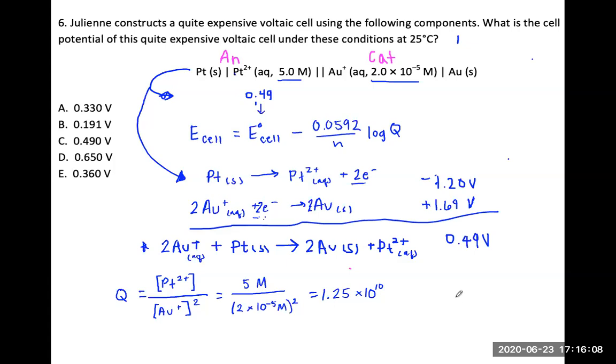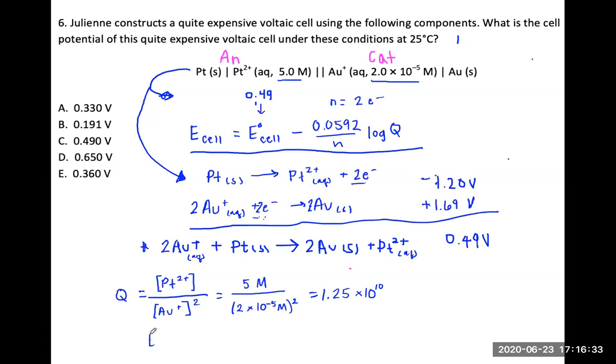Okay, so let's go ahead and plug into this equation. The last thing we need in order to be able to plug into that equation is what the value of n is. And we can see from our half reactions and what we had to do to cancel out our electrons that we ended up having 2 electrons transferred.